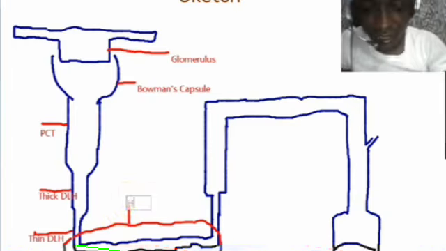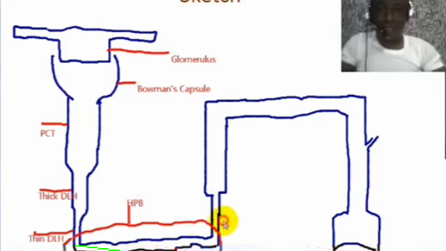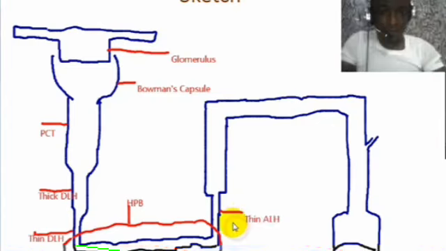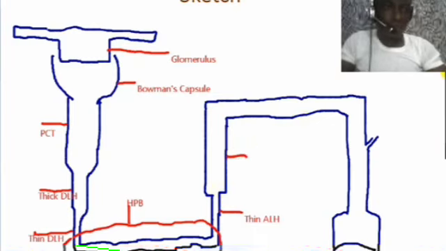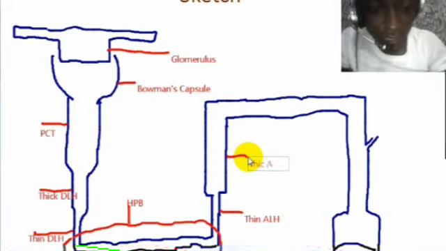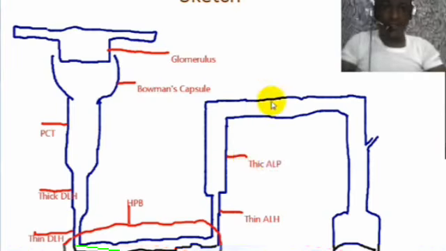This other part of the nephron is known as the thin ascending loop of Henle, and this part is the thick ascending loop of Henle.